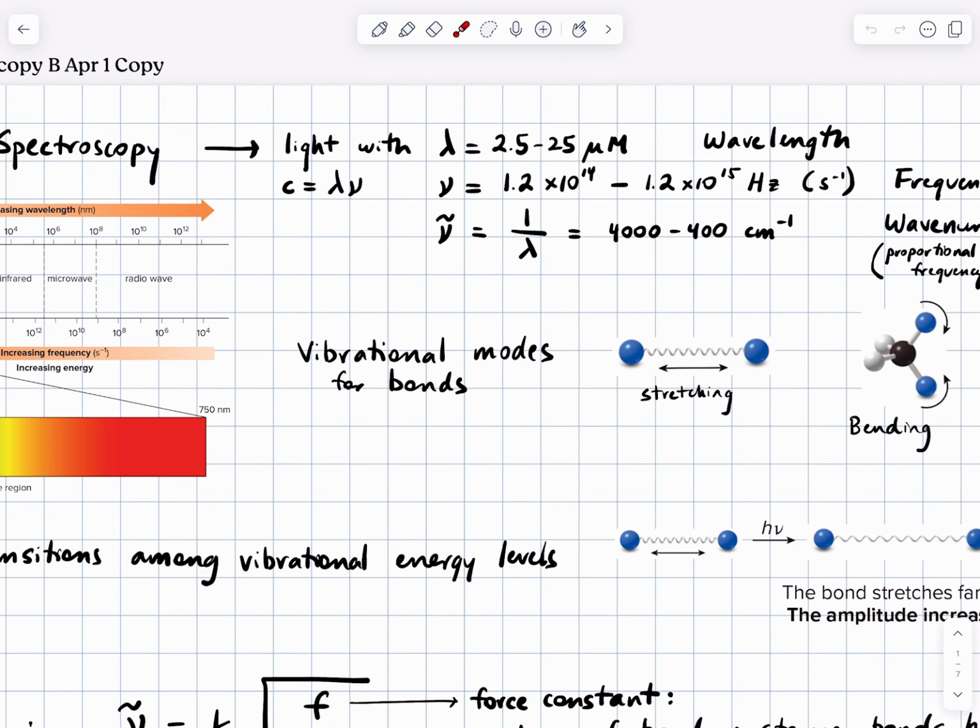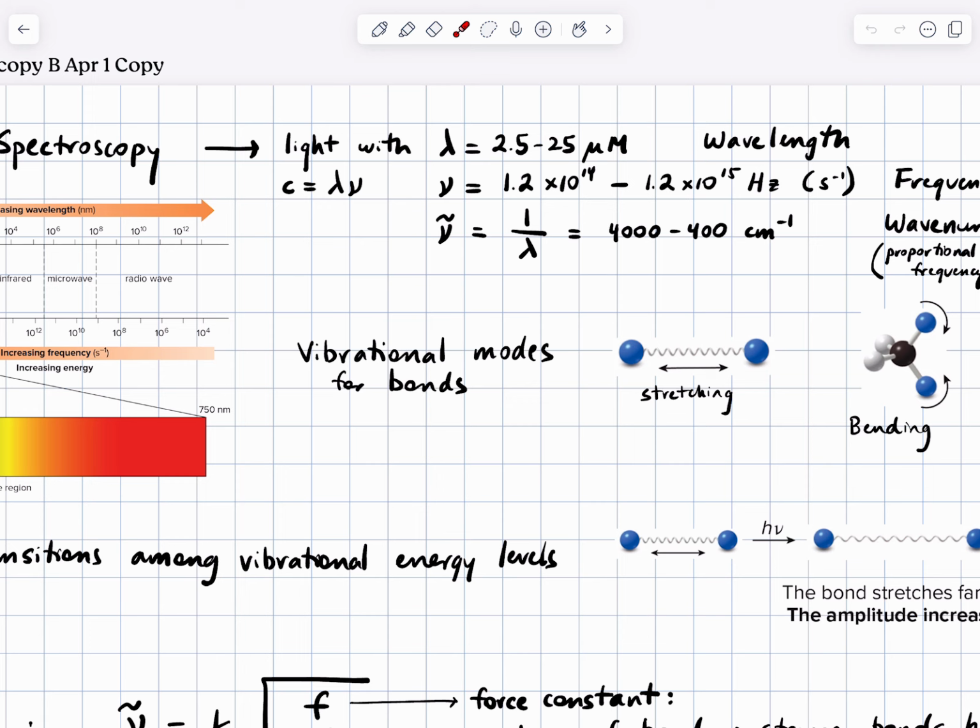We have a weird way of dealing with wavelength in interpreting infrared spectroscopy. For whatever reason, historically, people didn't want to deal with micrometers or microns. They also didn't want to deal in frequency or hertz because those numbers were in the trillions to hundreds of trillions.